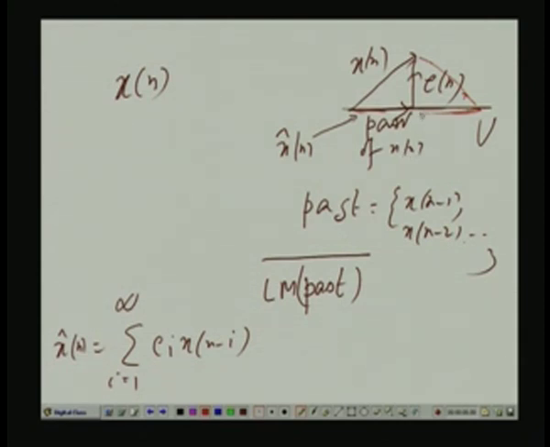Same thing we will do here. We will assume that x n is projected on the past, that is on the linear manifold of past and the closure of that, and the best prediction is x cap n given by the summation of C i x n minus i, i equal to 1 to infinity. So the error is x n minus x cap n.